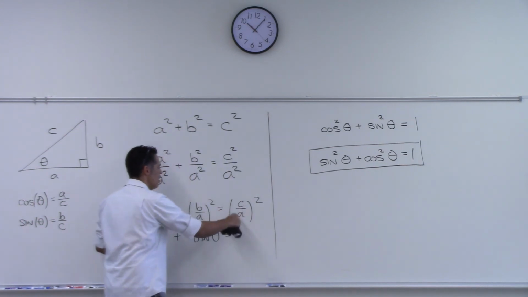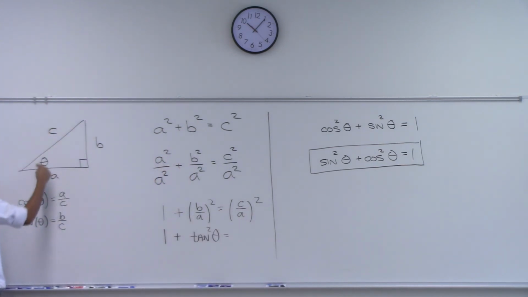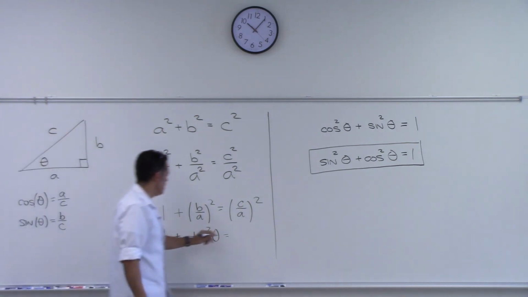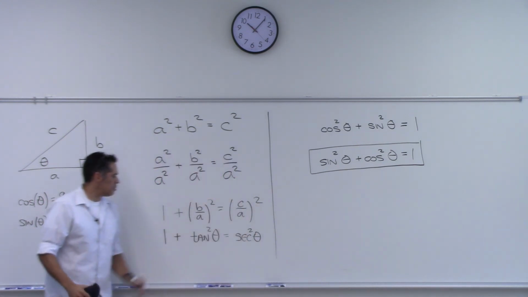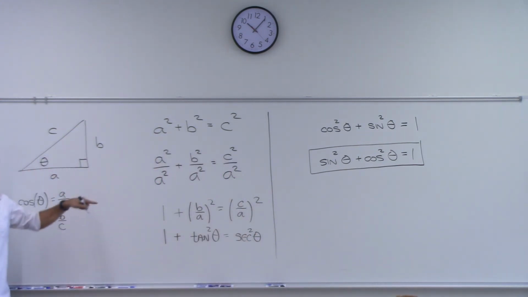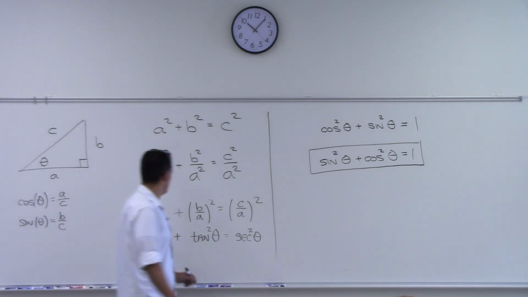And what was c over a? Let's see. C over a, wait a minute, that's the reciprocal of a over c. Secant. Yep. This is secant of theta squared. You have to have the squared there, because it's squared.